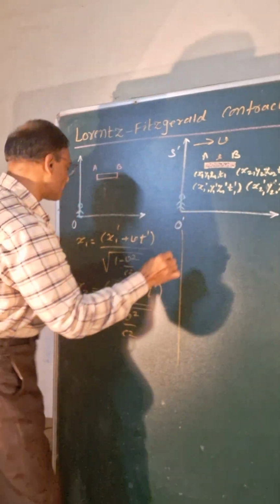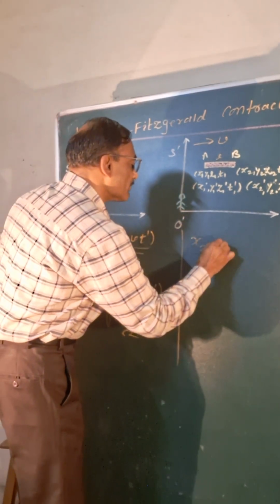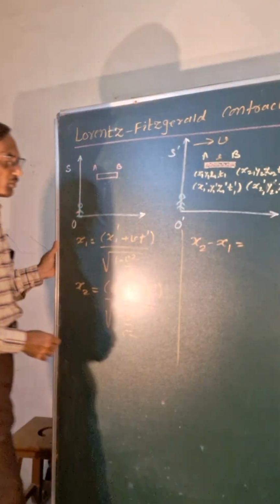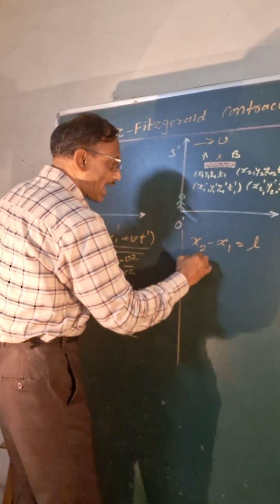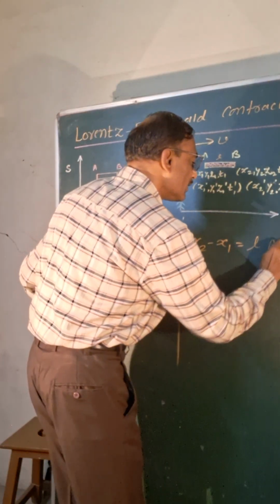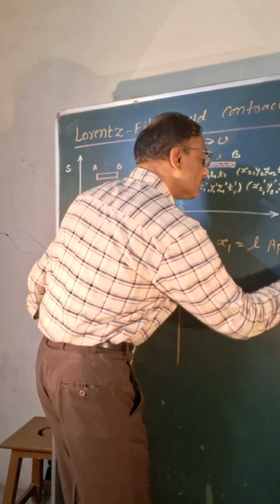So, what is the length of the rod? The length of the rod will be x2 minus x1, that is the difference of the two coordinates, and let it be L. This L is known as the apparent length of the rod.